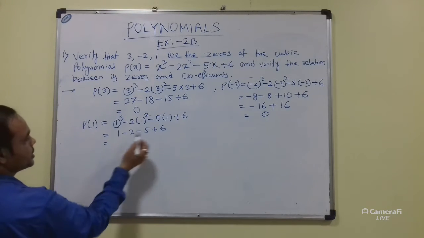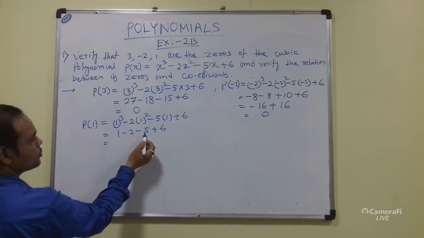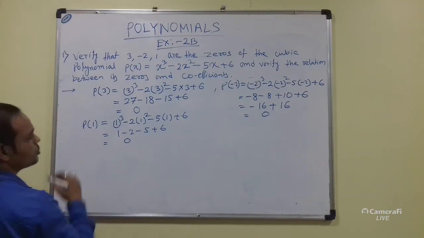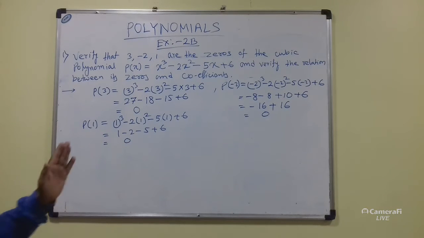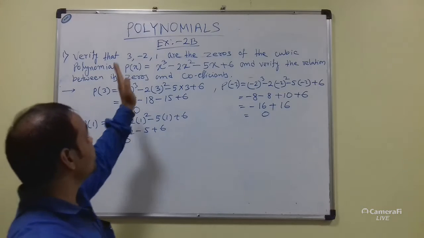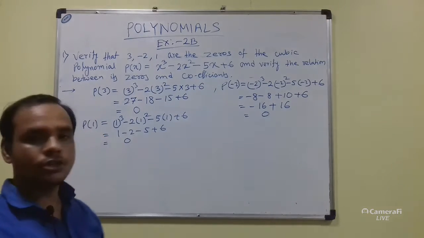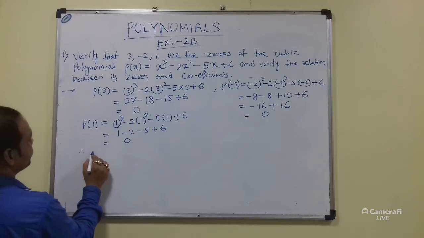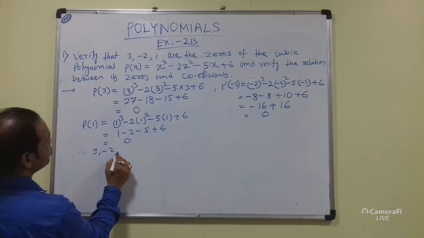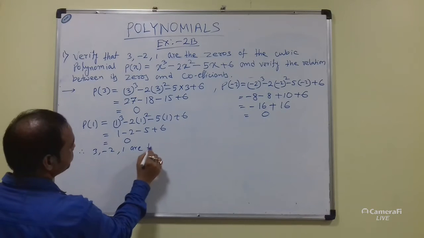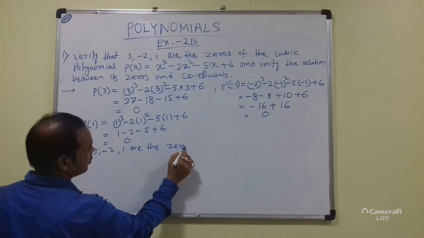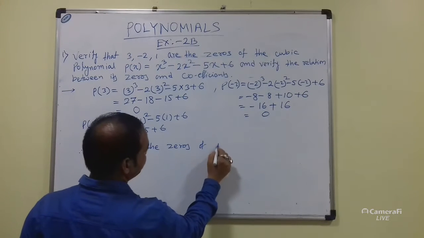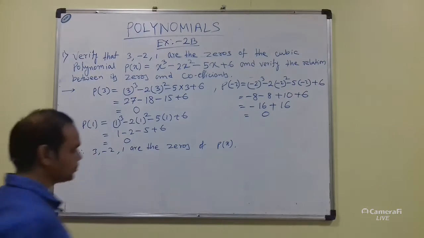So 6 plus 1 is 7 and minus 2 minus 5 is minus 7. So it is 0. So it is verified that 3, minus 2 and 1 are the zeros of the polynomial. Therefore we write the answer: 3, minus 2, 1 are the zeros of P of x.